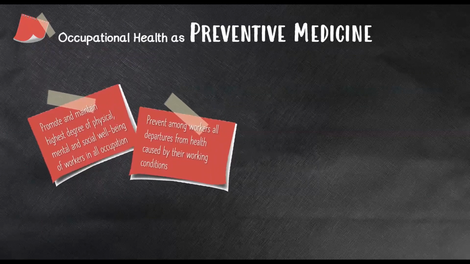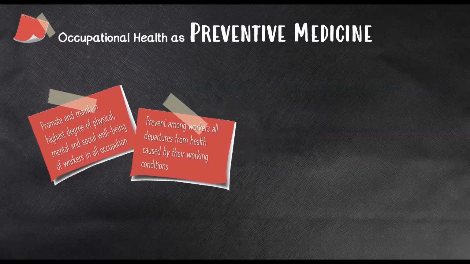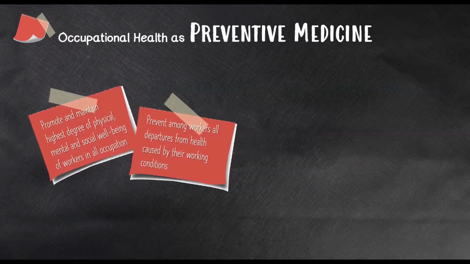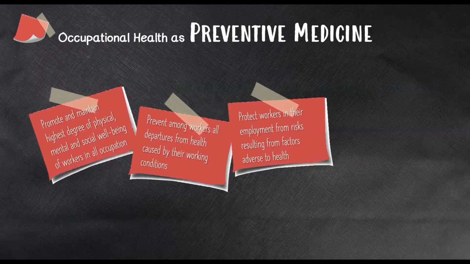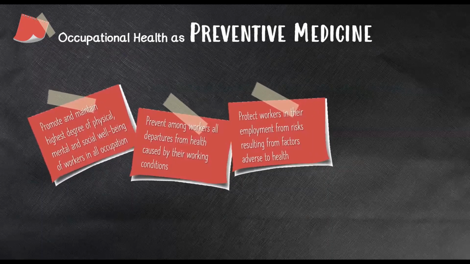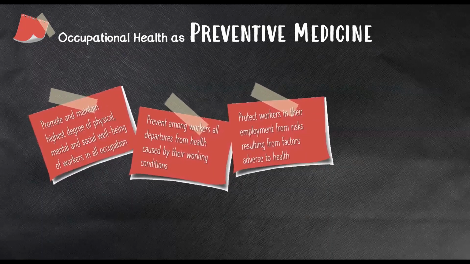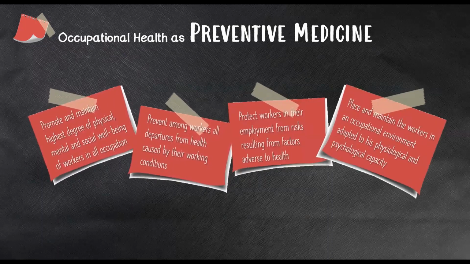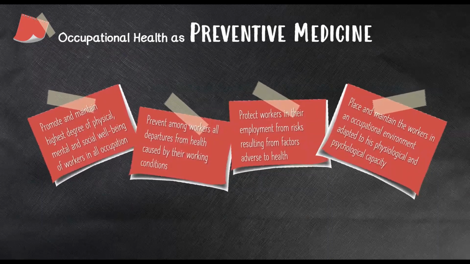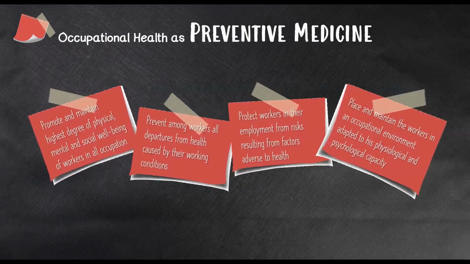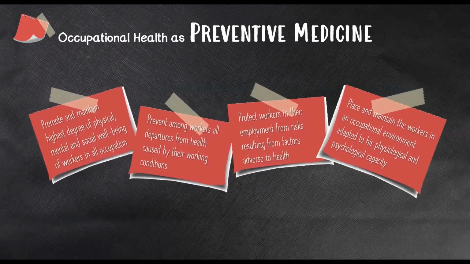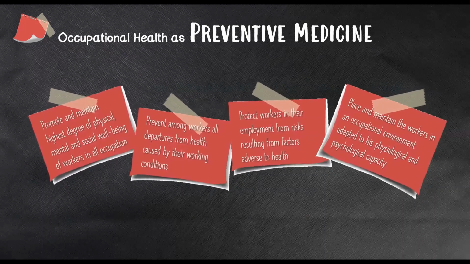Second, it prevents among workers all departures from health caused by their working conditions. It protects the workers in their employment from risks resulting from factors adverse to health, and it places and maintains the workers in an occupational environment adapted to their physiological and psychological capacity.